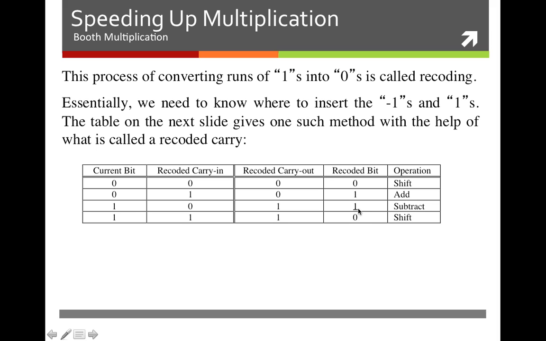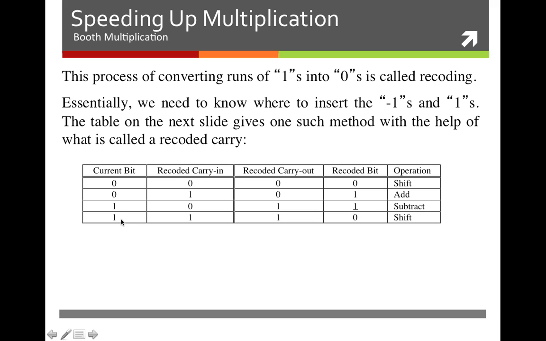That's actually a -1. Instead of writing -1 here, I'm just using this notation so that it's symbolically denoting a -1, but only with a single digit. And that will correspond to subtraction, basically. And of course, you could ultimately encode this as a pair of bits, with the current bit and then the recoded carry-in bit being 1, 0, would just amount to this being a recoded bit of -1.